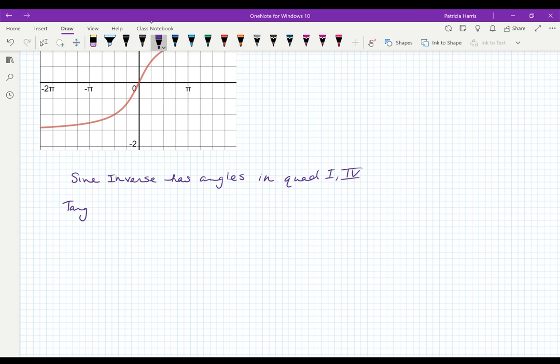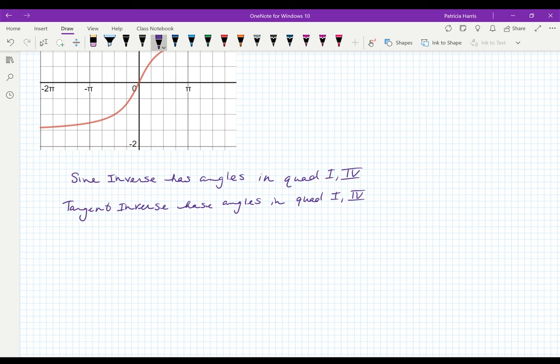Tangent inverse has angles in quadrant 1 and 4.